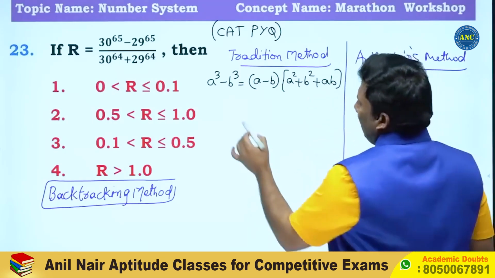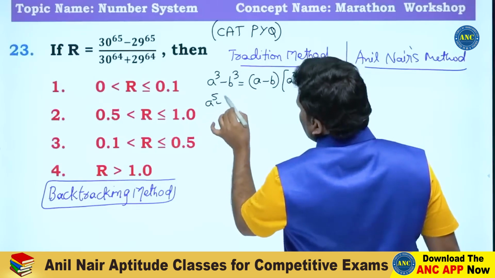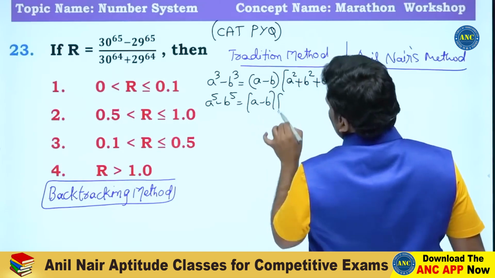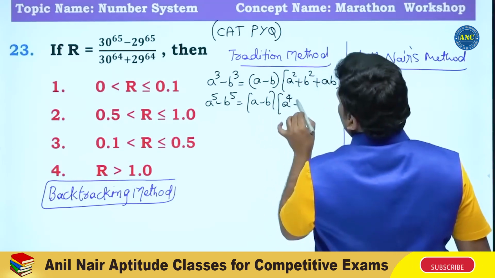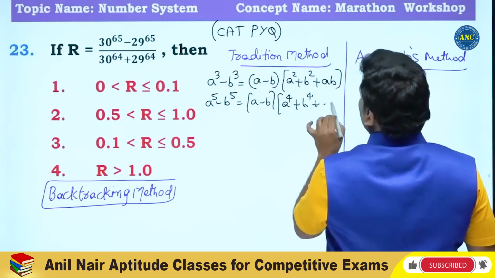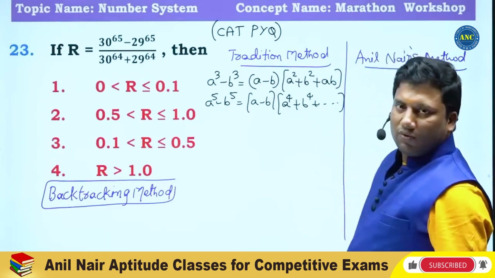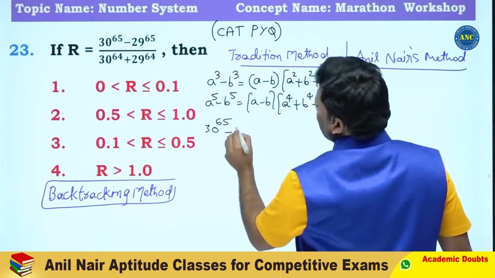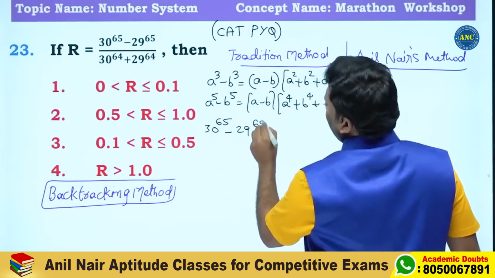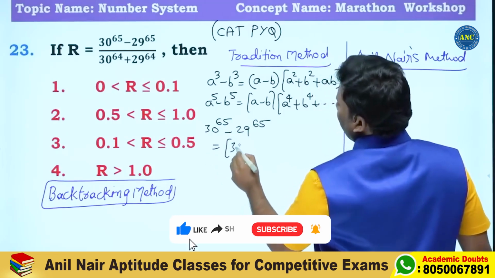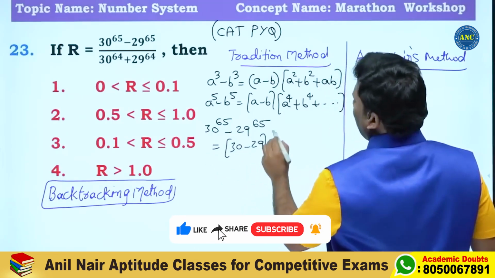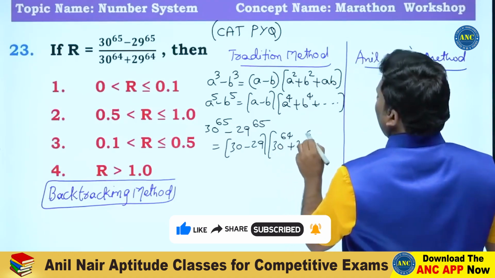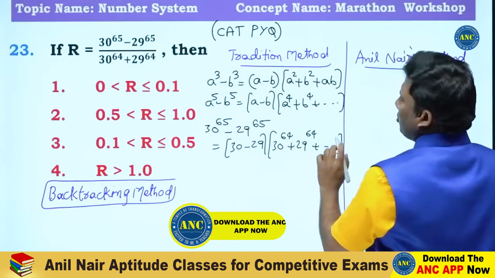Similarly, a power 5 minus b power 5 will be a minus b into a power 4 plus b power 4 plus some positive value. So similarly, I can write it as 30 power 65 minus 29 power 65. It is 30 minus 29 into 30 power 64 plus 29 power 64 plus some positive value.